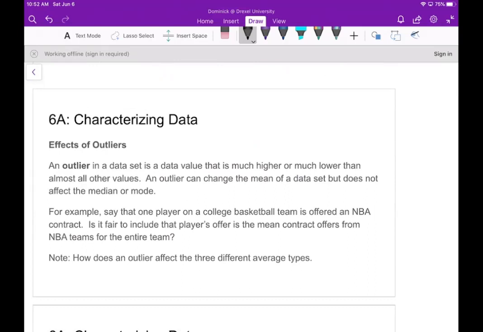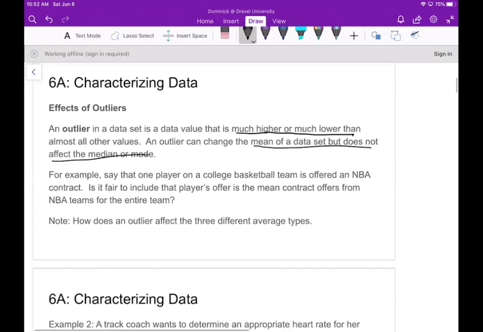Okay. Now next, we'll talk about the effects of outliers. An outlier in a data set is a value that's much higher or much lower than almost all the other values. An outlier can change the mean of a data set but does not affect the median or the mode, right? So for example, say that one player on a college basketball team is offered an NBA contract.